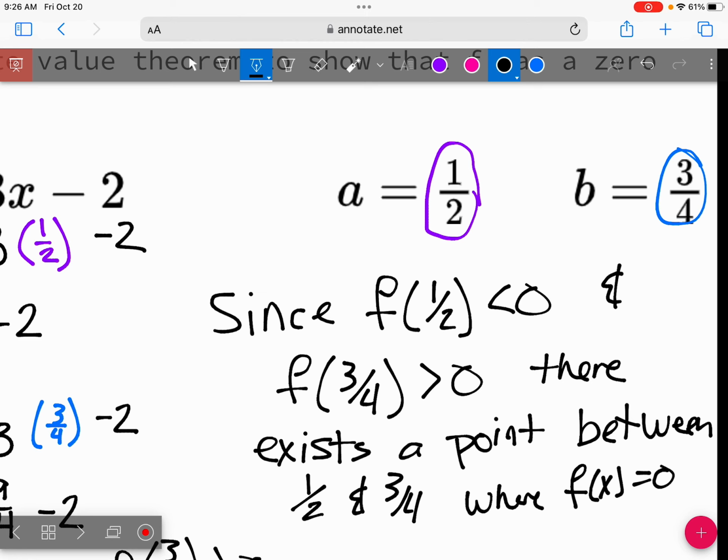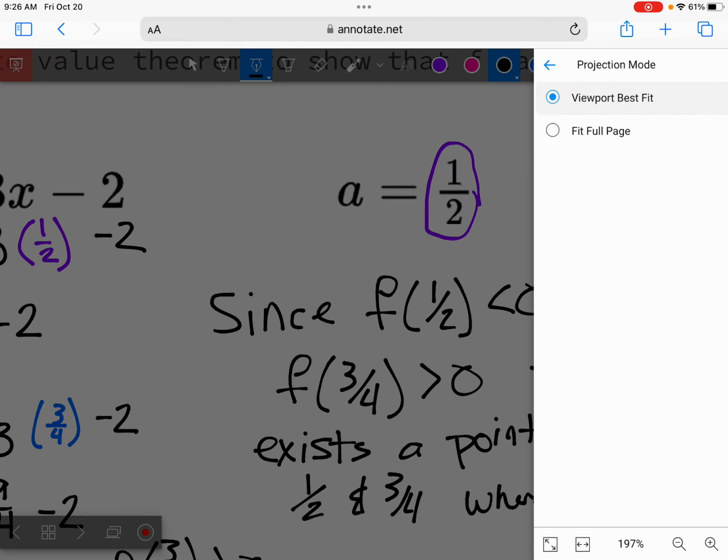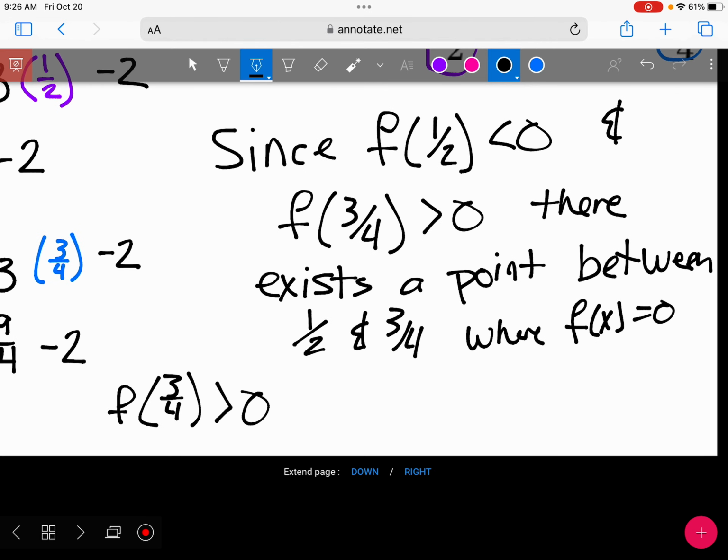Sorry, I know my handwriting is terrible sometimes. Oh, that I can change. Better? Sweet. That's how much I zoom it in, and even then my handwriting looks like that. It's awesome, huh?